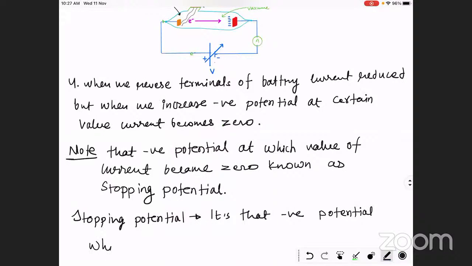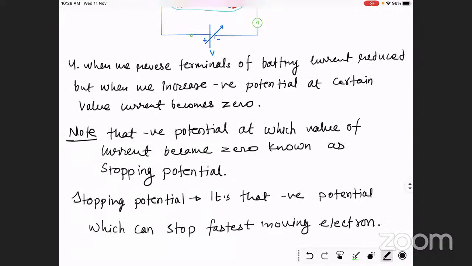It is that negative potential which can stop the fastest moving electron. Understood? This is the negative potential that can stop even the fastest electron emitted from the metal. Could you understand that?